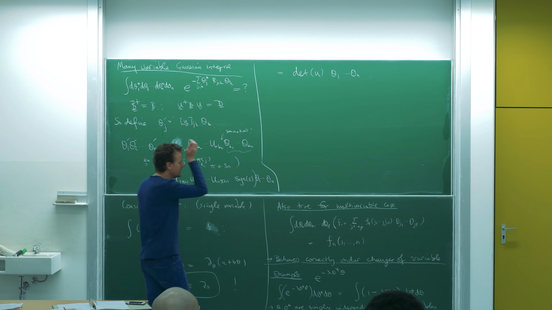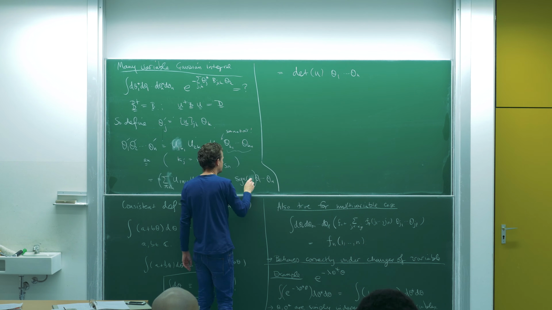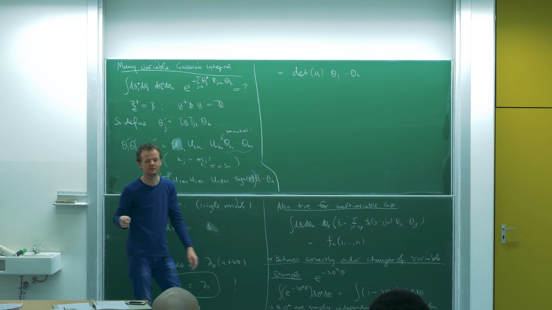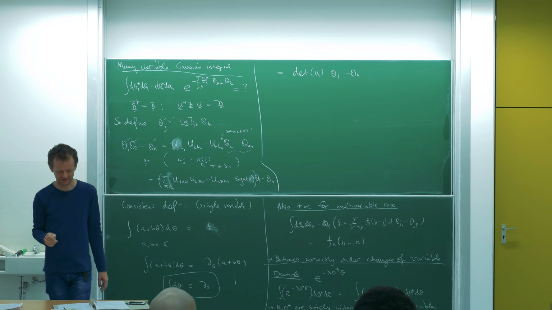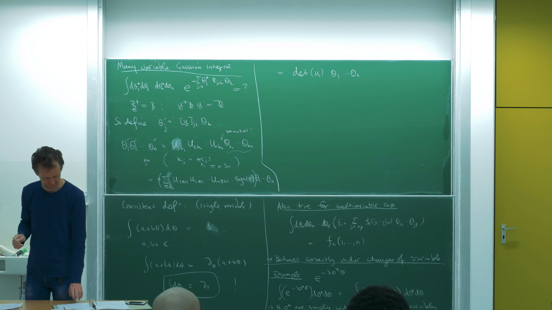Ah, yeah, thank you. The question was, doesn't this have to be the sign of pi, the permutation? Yes, it does. Epsilon's the other symbol for the sign of a permutation.